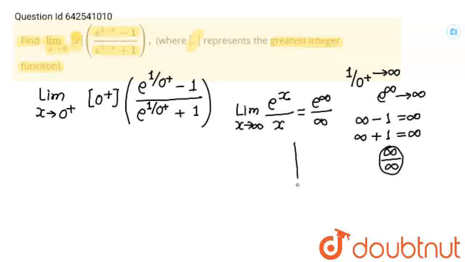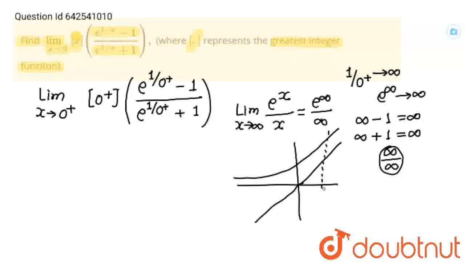How? Draw the graph. This is the graph of y is equals to x for the denominator function, and this is e to the power x. You can see e to the power x is always above. So at any x, like x is equals to 1, which point will be greater?